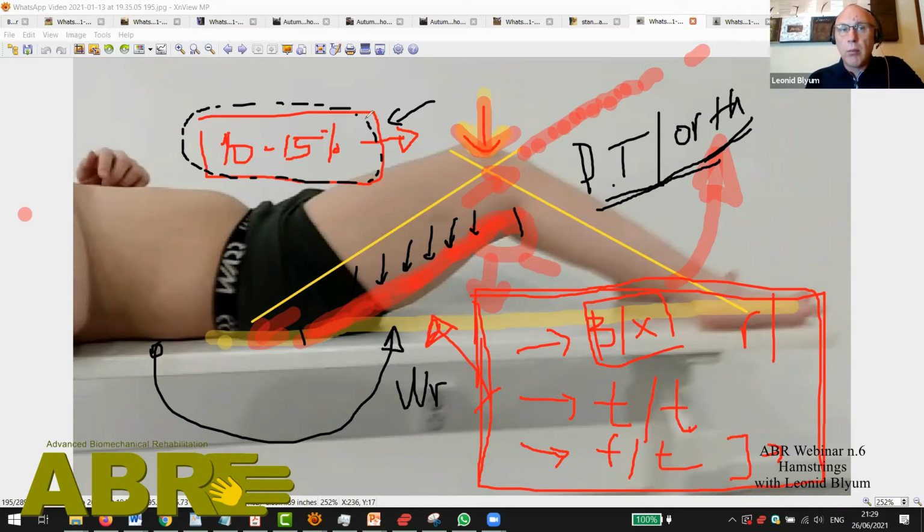So again, the reasoning for this is quite straightforward, as always. If you take healthy people, for example, a healthy person who has a broken femur or something like this, and has been immobilized with a bent knee, then develops some hamstring contracture, right?